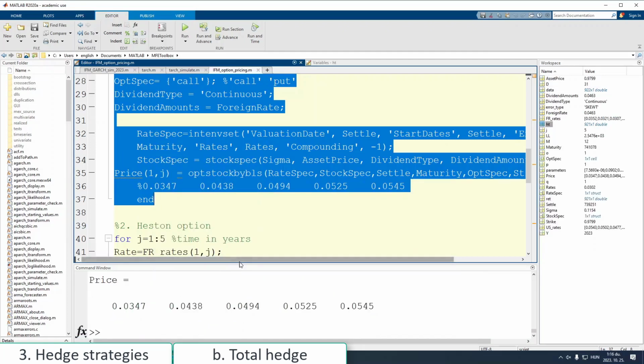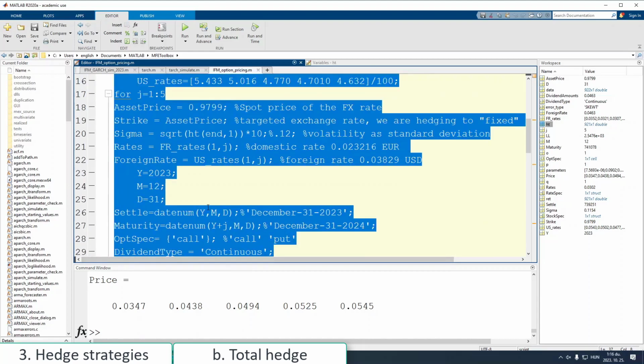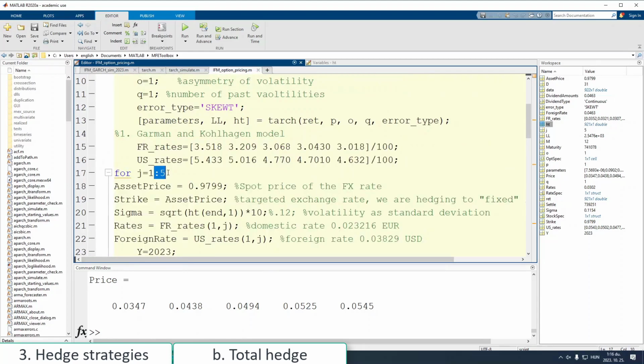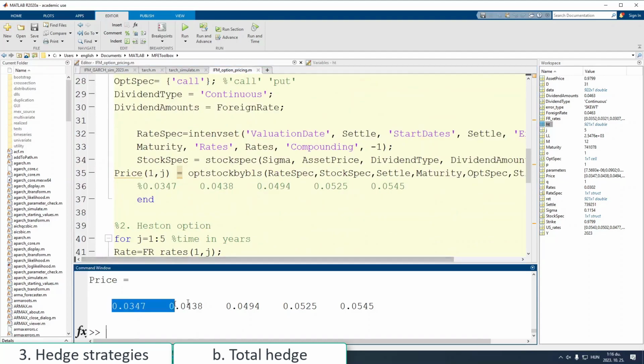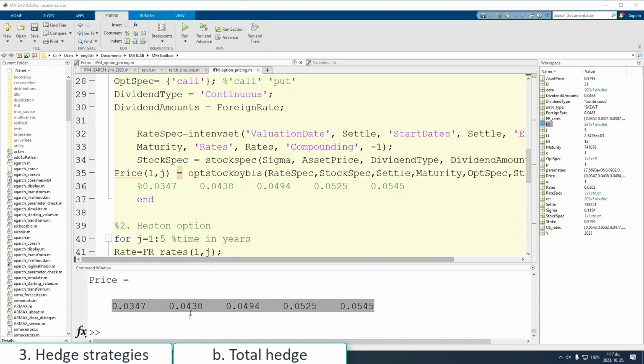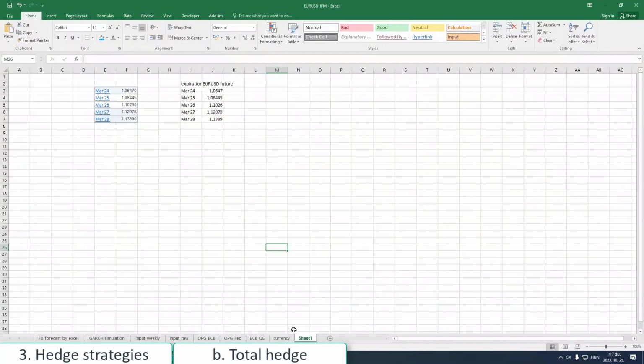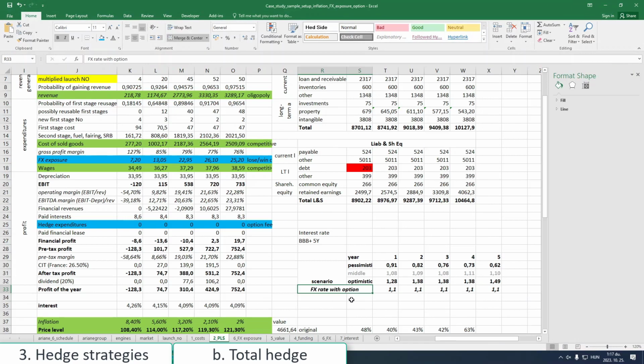We have some kind of prices here. Yes, because we already had the option fees for 5 years ahead. So yes, come on. I don't need this one. We need this.